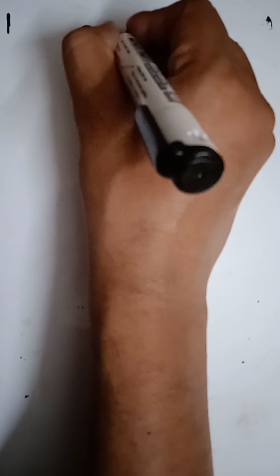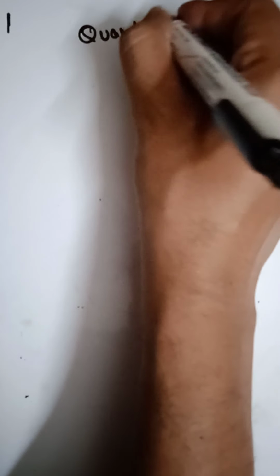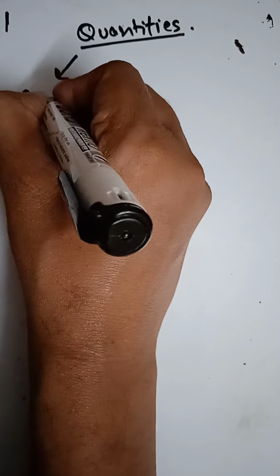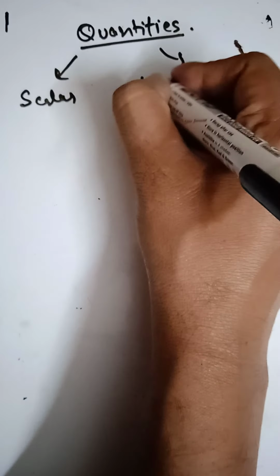So let's say we have two types of quantities: scalar and vector.